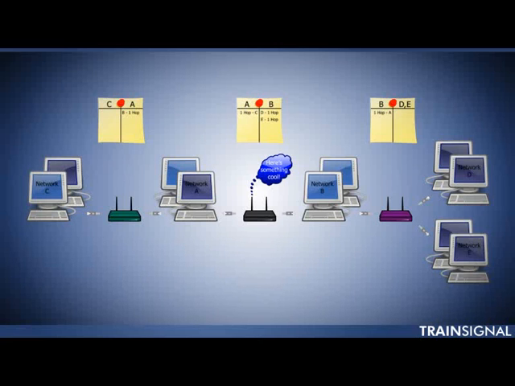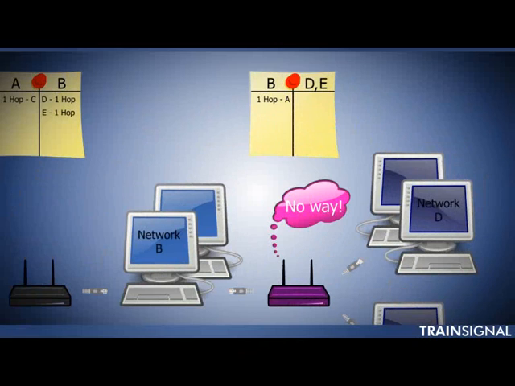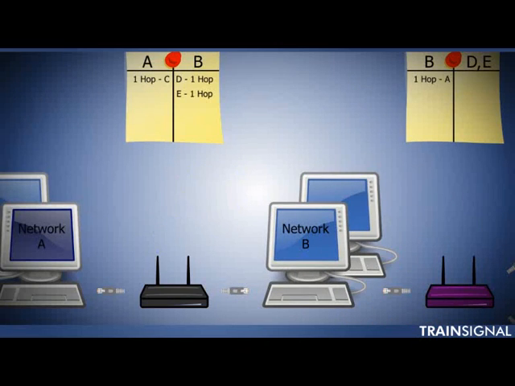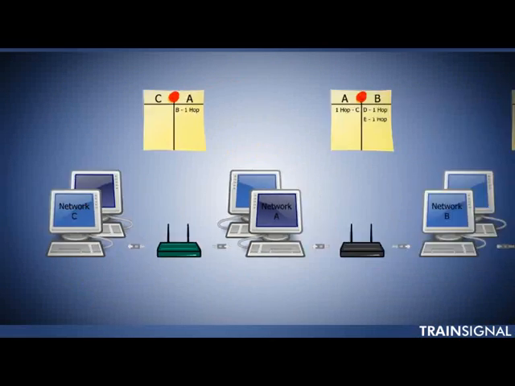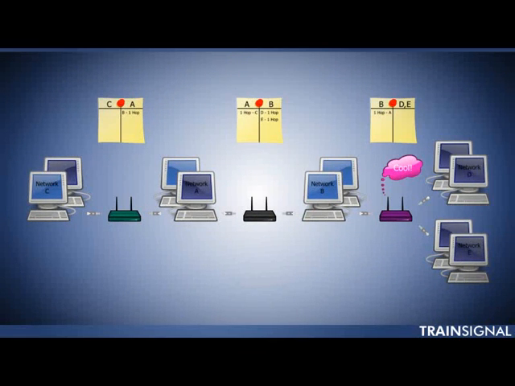On the other side of network A is another router. No way! Yes way. And that router is also connected to network C. Cool, I'll update my information. Well, look what happened here.